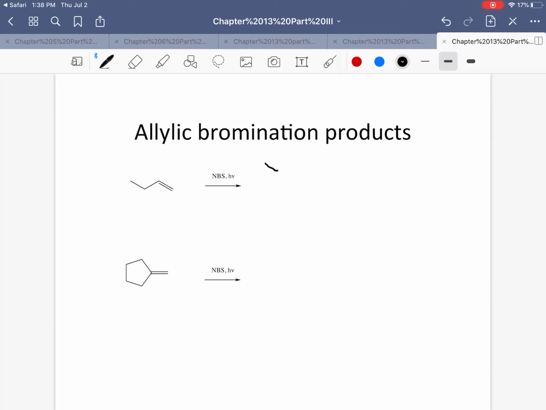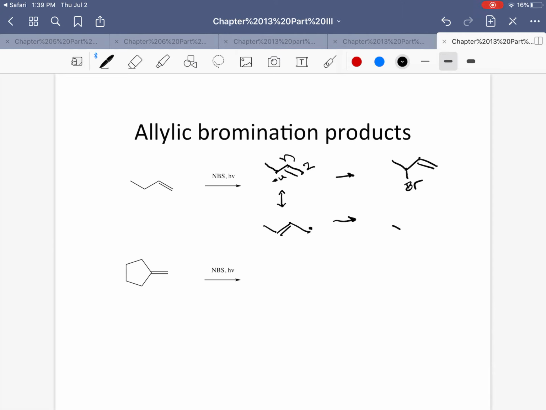I have 1-butene, and with NBS and light, I'm going to generate the allylic radical, and the resonance form is going to look like this, where the double bond is in the center and the radical is at the end.